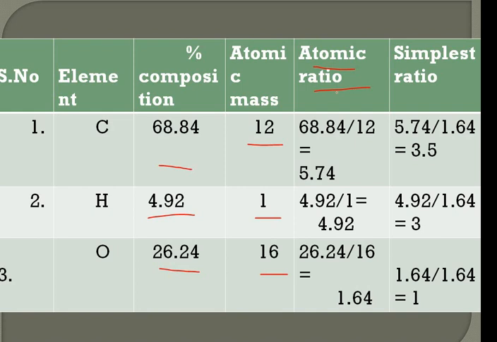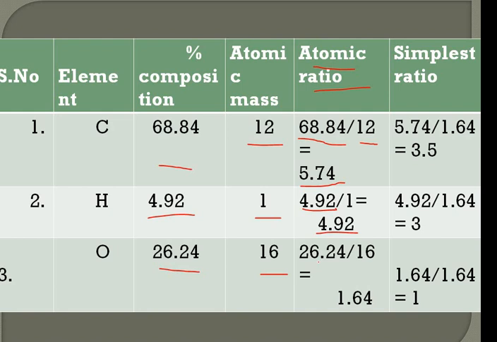Now how do we write the atomic ratio? Just divide the percentage composition by the atomic masses. The percentage composition of carbon is 68.84% divided by 12, the atomic mass of carbon, so its value is 5.74, right? Now the second one, the percentage composition of hydrogen is 4.92 divided by 1, so the value will be 4.92 only.